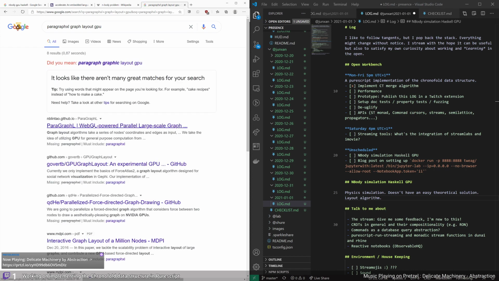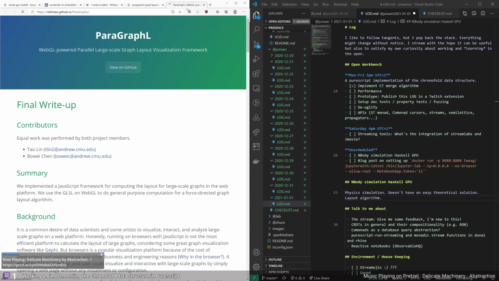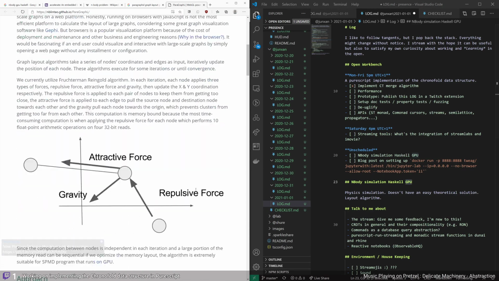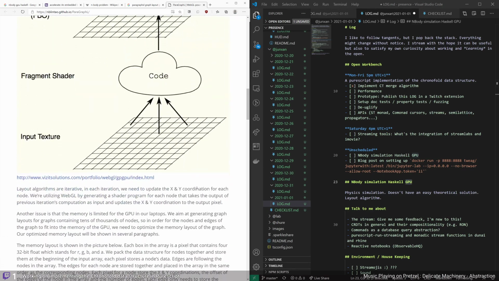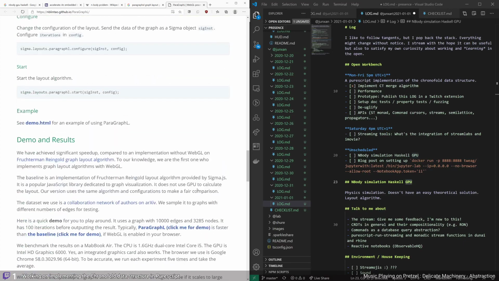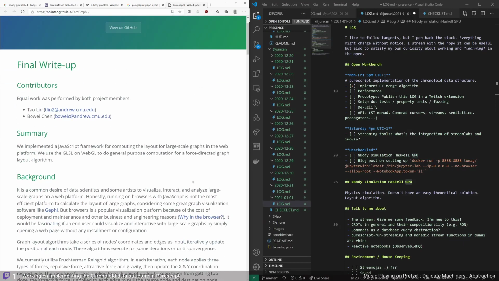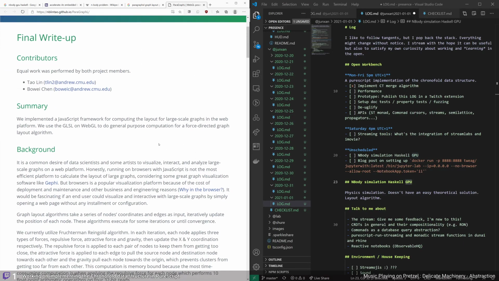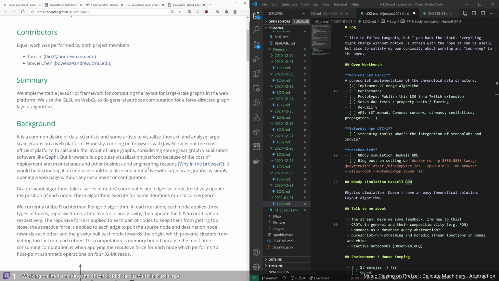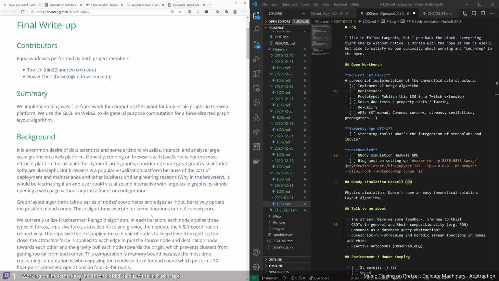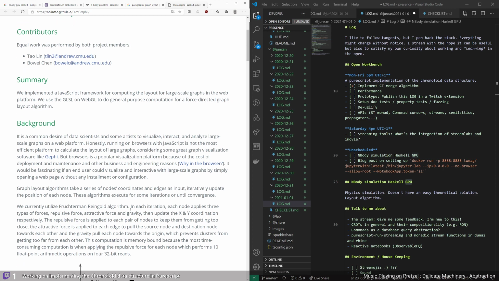Paragraph L. So now we're starting to look at the GPU part of all this, and also the layout part. Graph layout is one of these problems that are generally solved by a physics simulation, in fact.